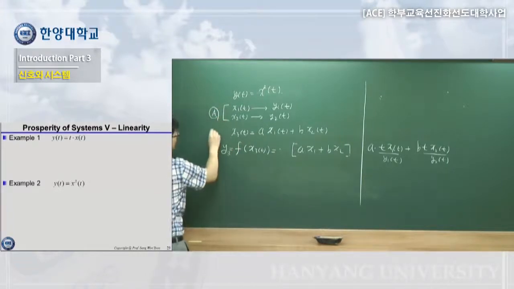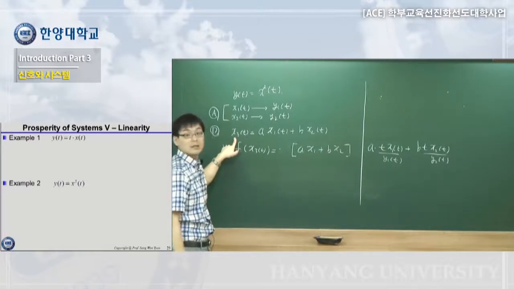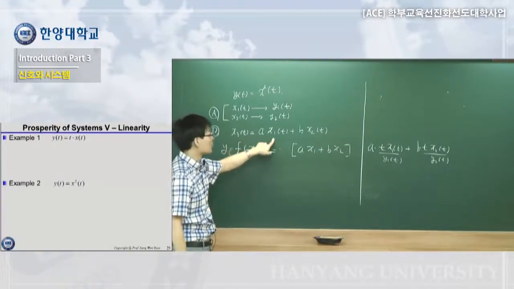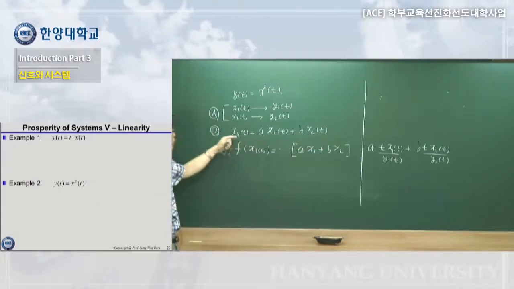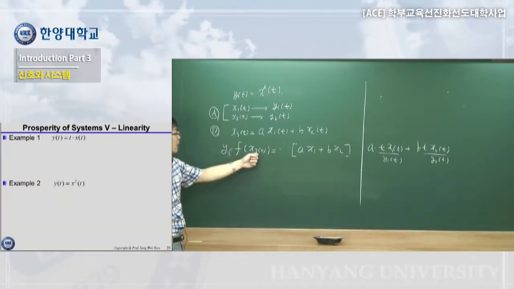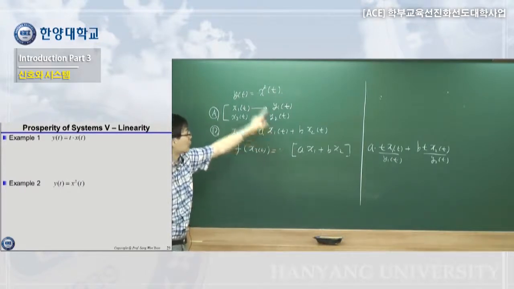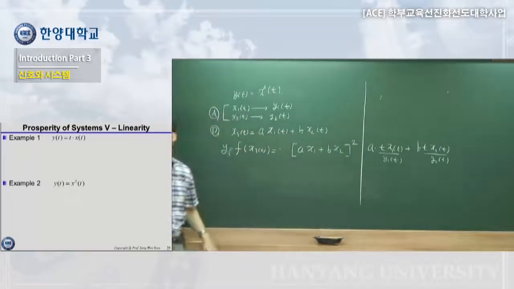And we define x3 as A times x1 plus B times x2, the same as before. Then we apply x3 to the system and assume that the output of x3 is y3. So it will be the square of this, right?